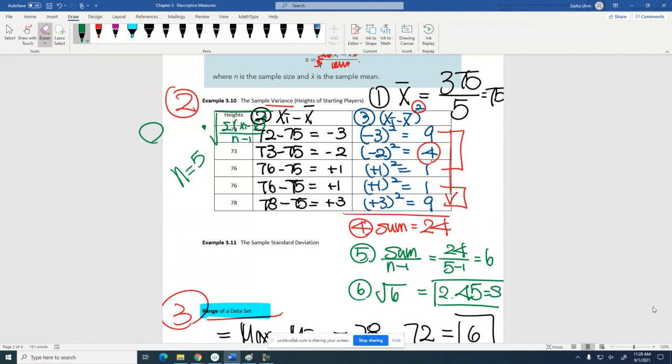Already we took the sample variance. The value in step 5, it is the variance. And now the last one, s, is the sample standard deviation. Just before, take the square root of it, already we got the variance, the 6.